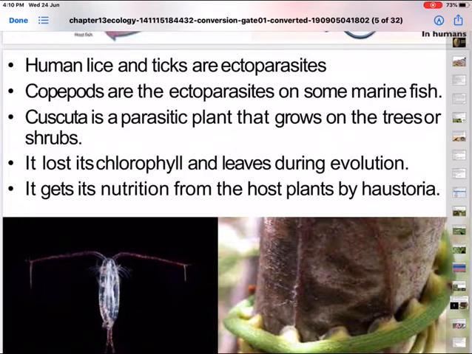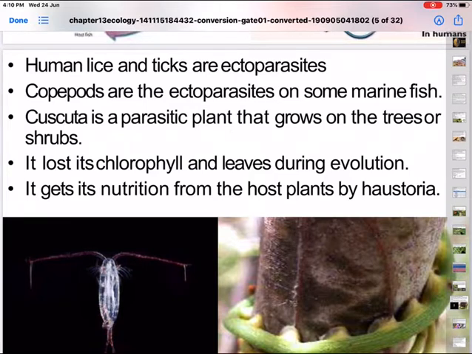Human lice and ticks are ectoparasites. Lice are small insect-like things on your head, scalp sometimes, and they bite and suck the blood. So they become a nuisance to you sometimes. And the ticks, of course, are also present externally. They bite us and suck the blood. Since they are staying outside and sucking the blood from us, we say ectoparasites.